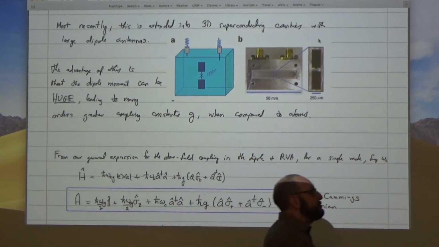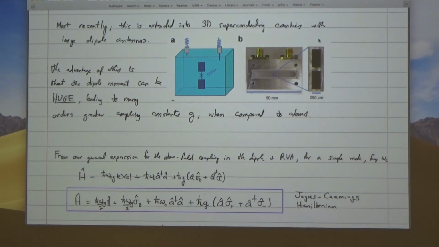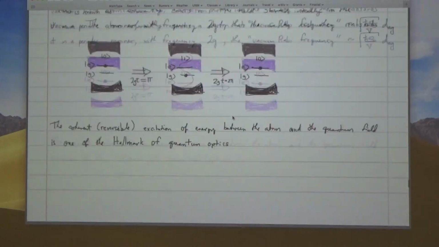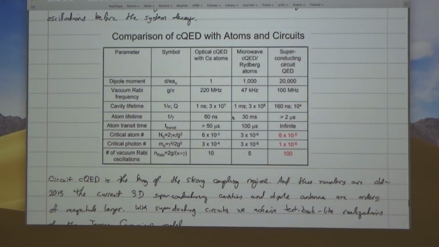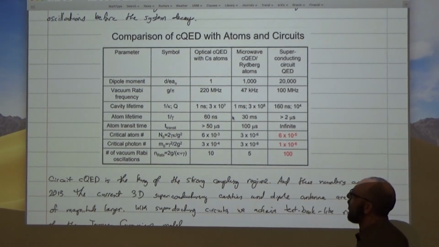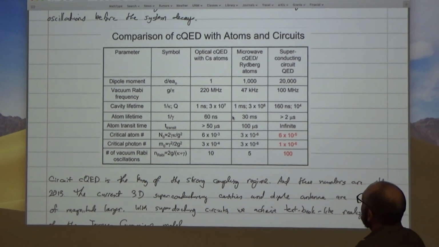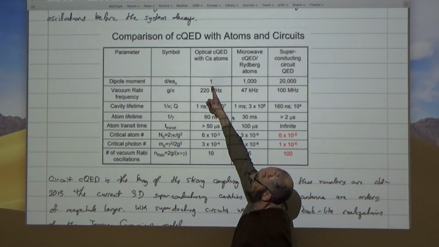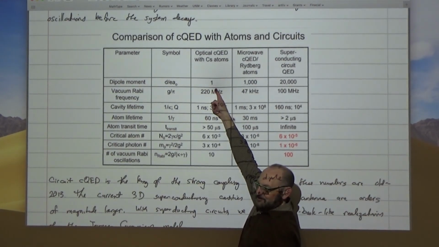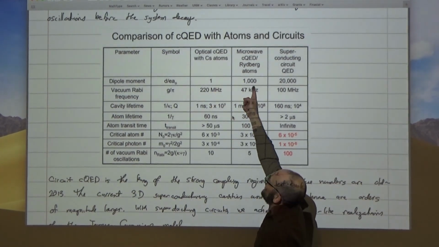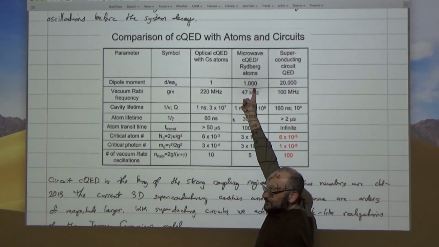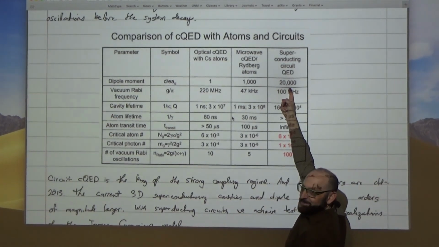You could do a lot better with Rydberg states, which is what Serge Haroche did. But if I look at this chart, which I stole from somebody's talk a few years back, and this is already old, you can see the size of these things. The size of the dipole moment for the cesium atom, versus the Rydberg atoms, versus the superconducting circuits.